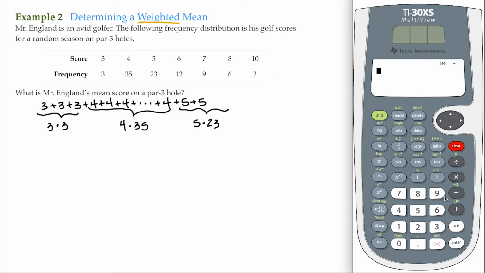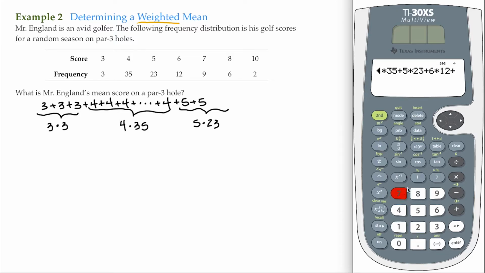So I'm going to go, he shot a 3 times. Then I'm going to add that to a 4, and I want that 35 times. Add that to a 5, that's 23 times. Add that to a 6, that's 12 times.